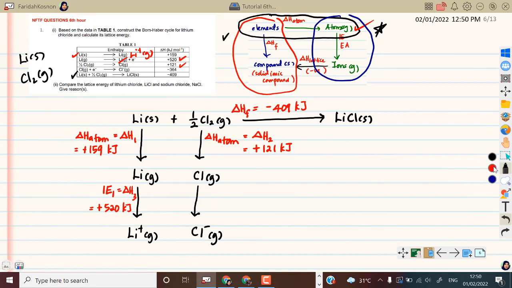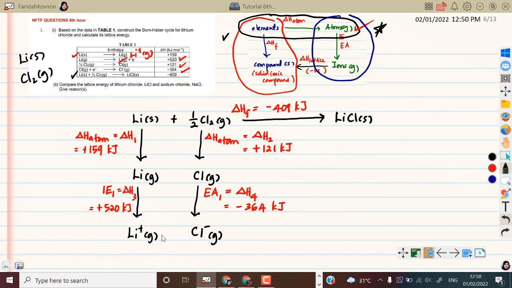Okay, and this enthalpy change is called the first electron affinity of chlorine. It is numbered as delta H4 in this example, because I follow the sequence. So what is the value? You can see here the value is negative 394 kilojoule.